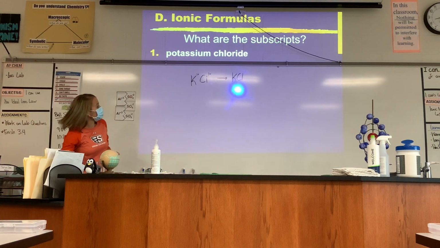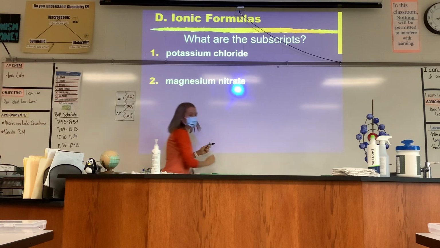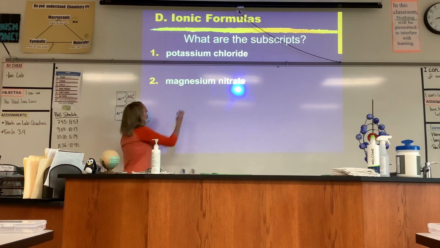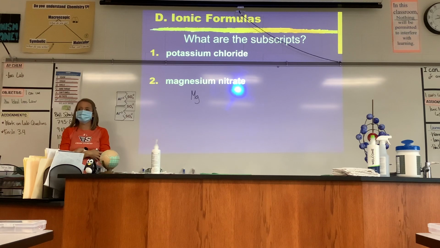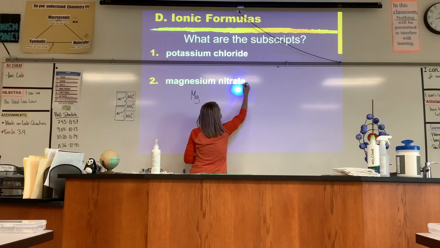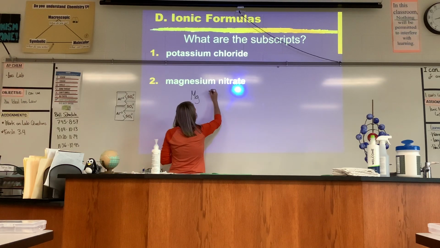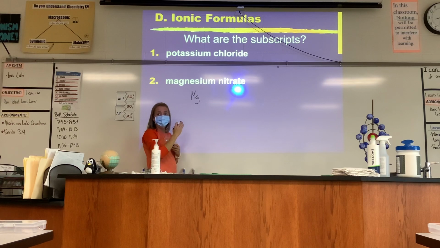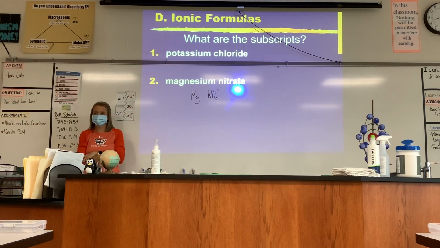Magnesium nitrate. Okay, magnesium symbol is Mg. Nitrate symbol is... Remember, an ending of -ate means to look on your polyatomic chart and find a thing called nitrate and write the whole thing out, N-O, and its charge.